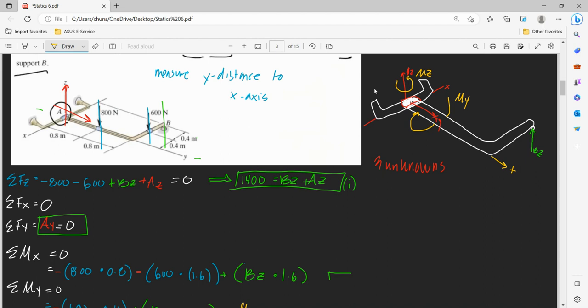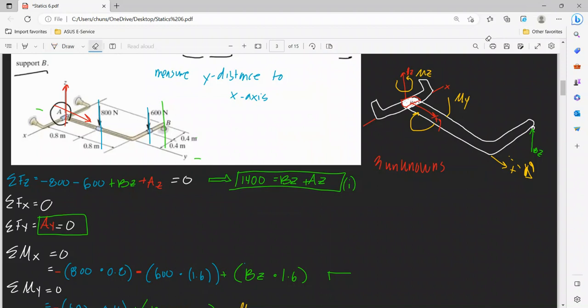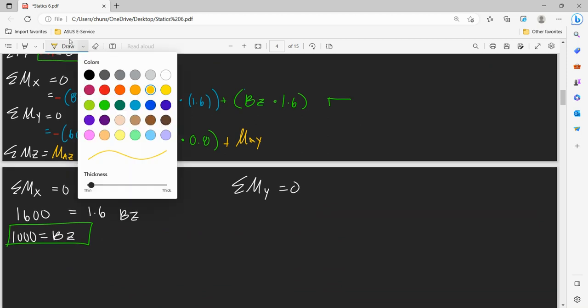So if we were to take a look directly down this axis, we would see that it'd be rotating in a counterclockwise direction. And in that case, that means I have to change this counterclockwise direction. Okay, so now with that we can solve.